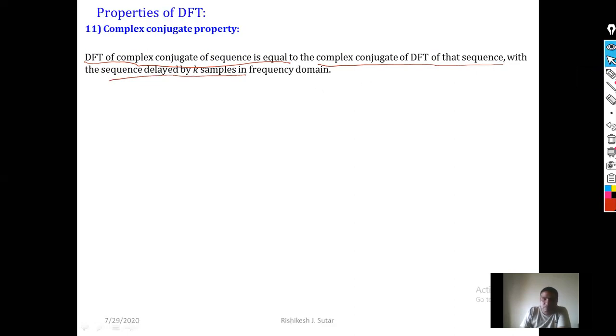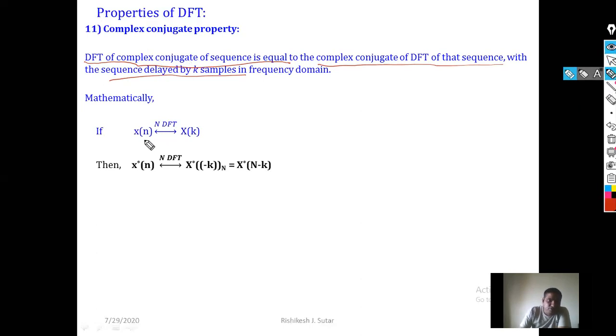Yeah. So let us see it mathematically. If x of n its N-point DFT is x of k, and if I need to find the DFT of the complex conjugate of x of n, that is x asterisk of n, it is equal to what?